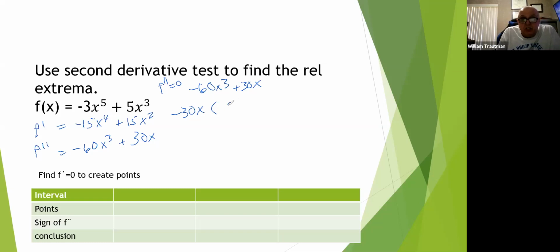And I get 2x squared minus 1. So I factored out a negative 30, divided each of those by negative 30, and that's what I got. So to find where this equals 0, negative 30x equals 0, so x equals 0. That's one inflection point.